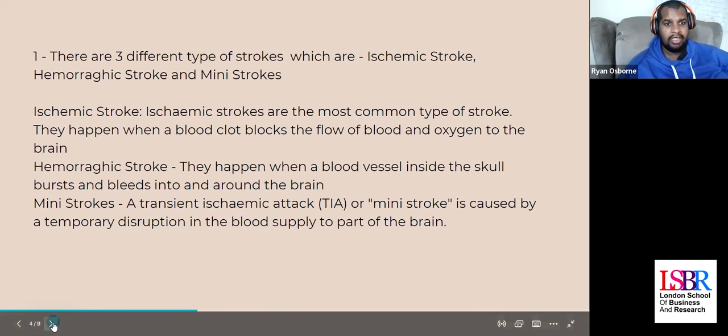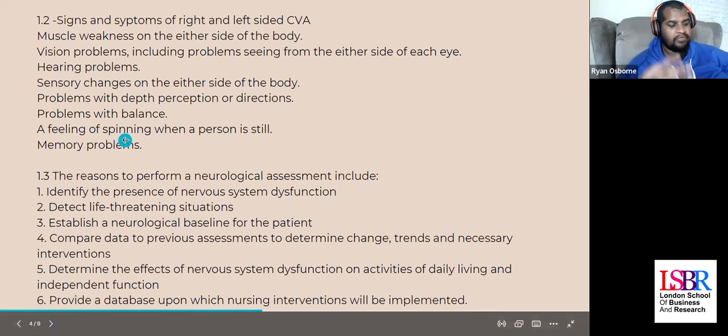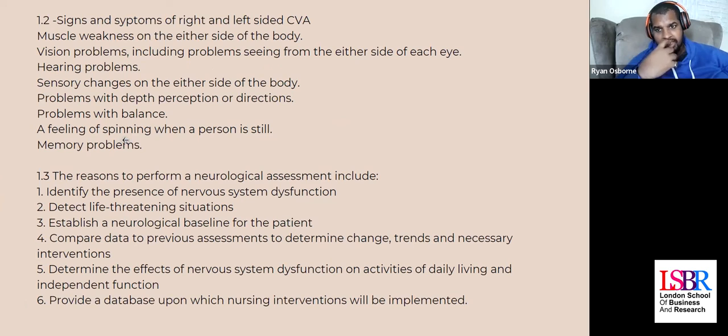So if you know that someone's got muscle weakness, a problem with their vision, a problem with hearing as well, if their sensory has changed, if they don't have good balance, if they are having memory issues, these should be the signs, and you should be informed that someone's having a stroke.